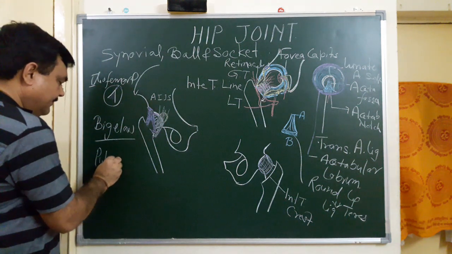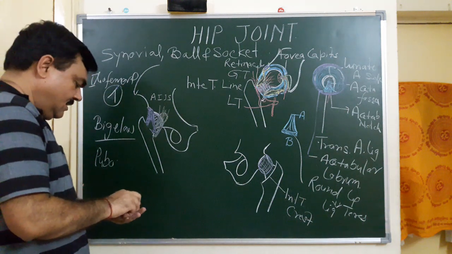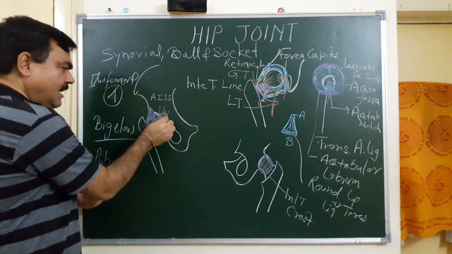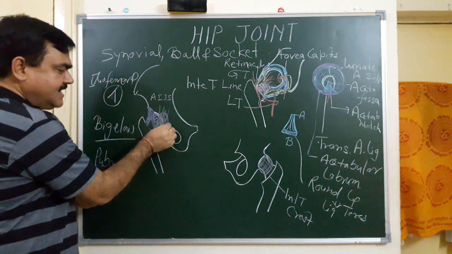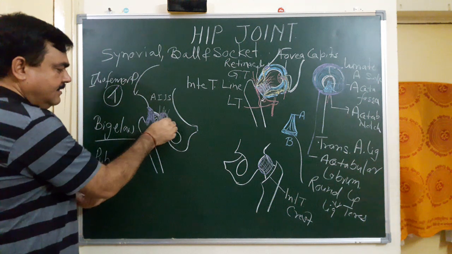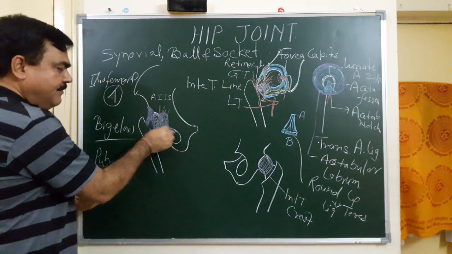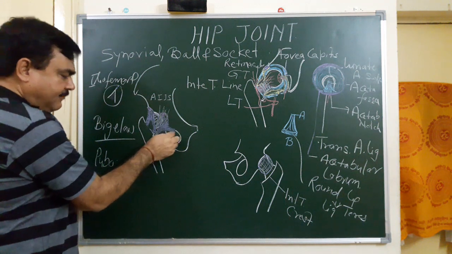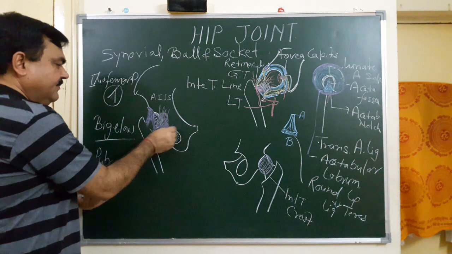And the next ligament is the pubofemoral ligament. Medially it is attached to the iliopubic eminence. There is the obturator crest here, and also some fibers arise from the obturator membrane. Here is the obturator membrane which covers the obturator foramen.